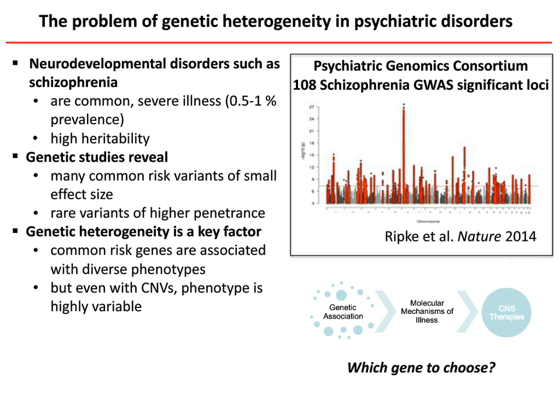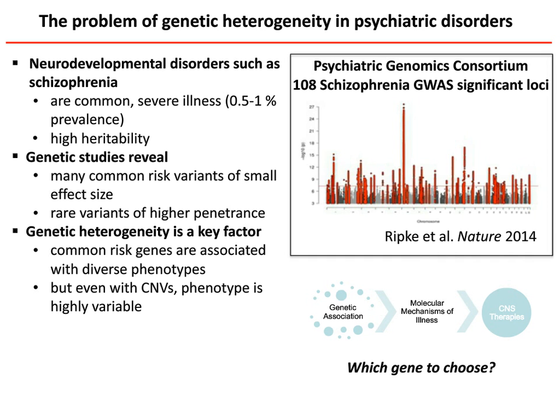There's genetic heterogeneity as a key factor in these disorders. One is that common risk genes are associated with diverse phenotypes. So many people can have the same variant, but show quite different clinical phenotypes. But even with CNVs, these multi-loci events, the phenotype is highly variable. The Manhattan plot on the right is a representation of chromosomal position on the y-axis and probability of risk association on the y-axis.